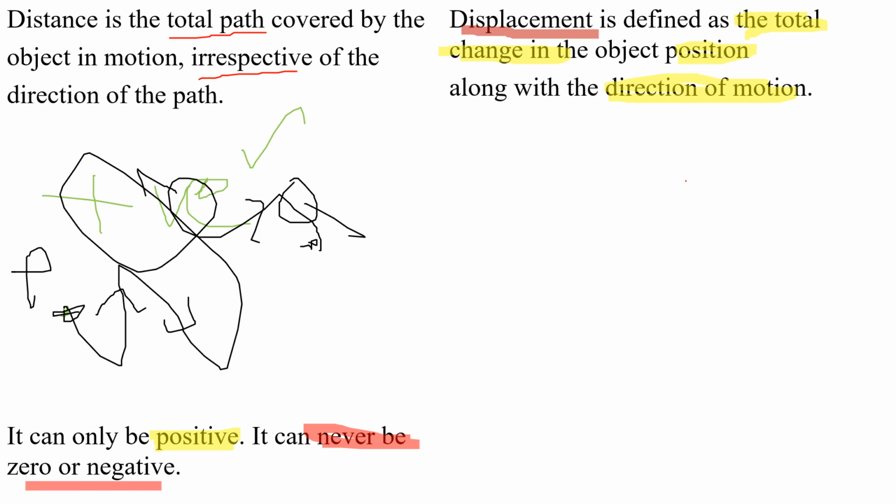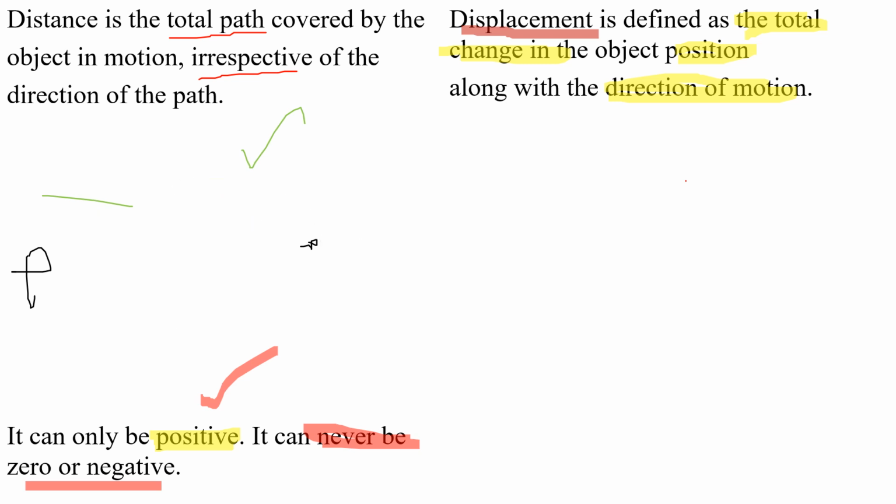You move some distance from here to here, you walk some distance, or you move by car, you are traveling some distance, so it is always positive. Keep this in mind. Distance is a scalar quantity. It can only be positive, it can never be negative or zero.